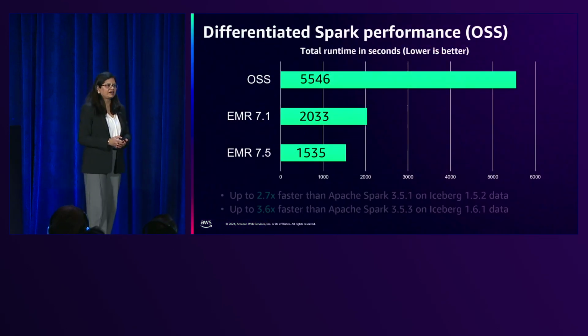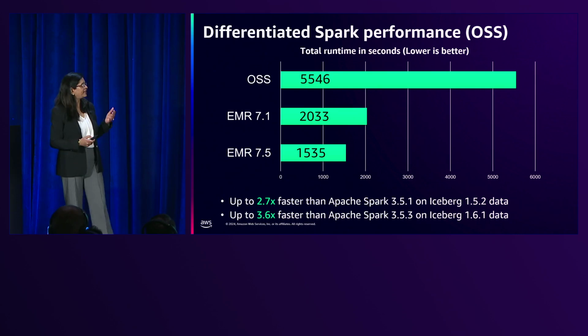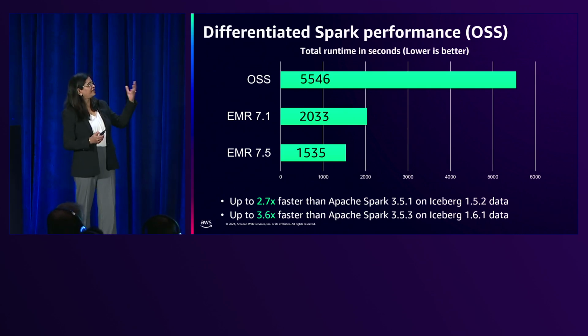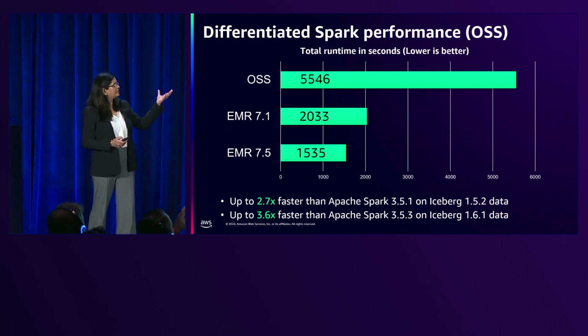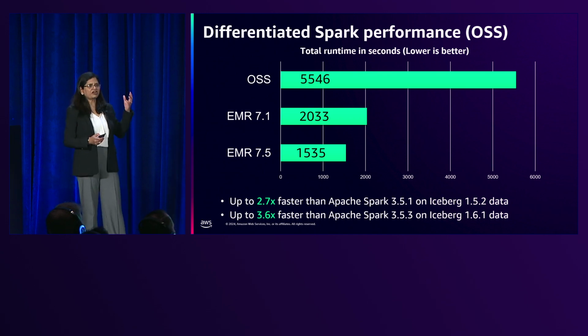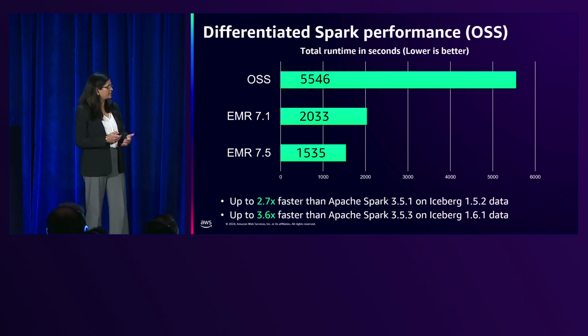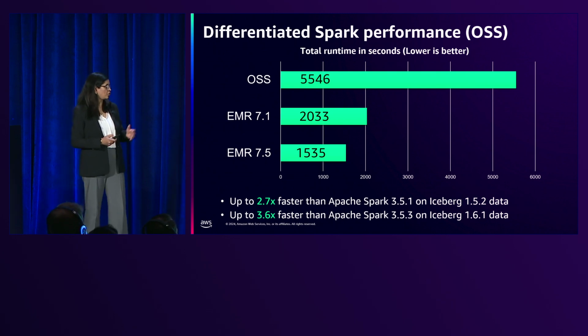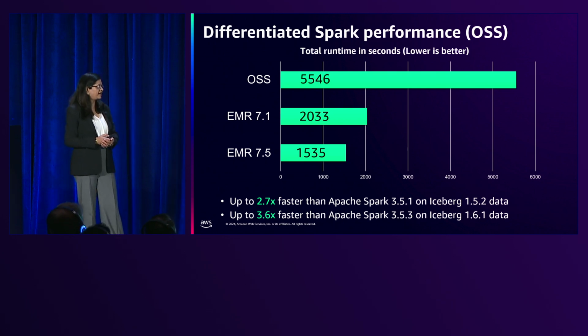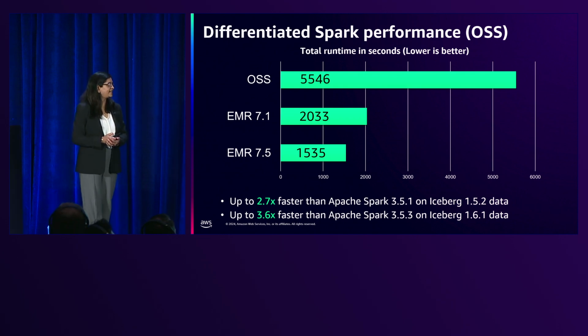And this year as well, we have taken a goal to improve the performance of Spark, with the addition that we also include open table formats in our benchmark testing. So in the beginning of the year when we launched 7.1, 7.1 was about 2.7 times faster than OSS Apache Spark 3.5.1 with Iceberg 1.5.2 based data sets.